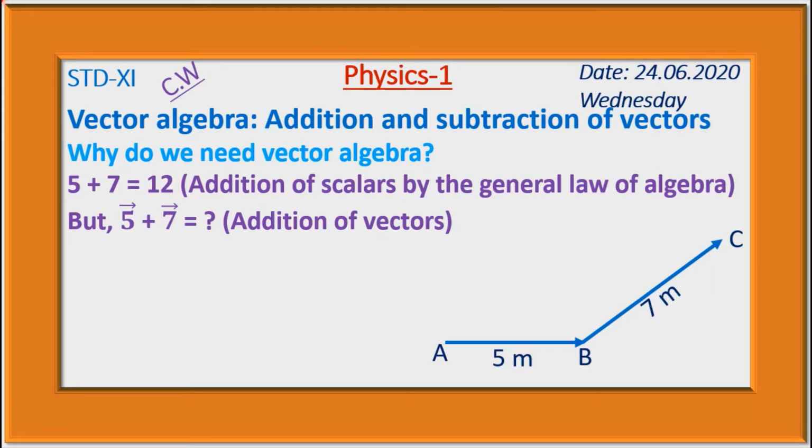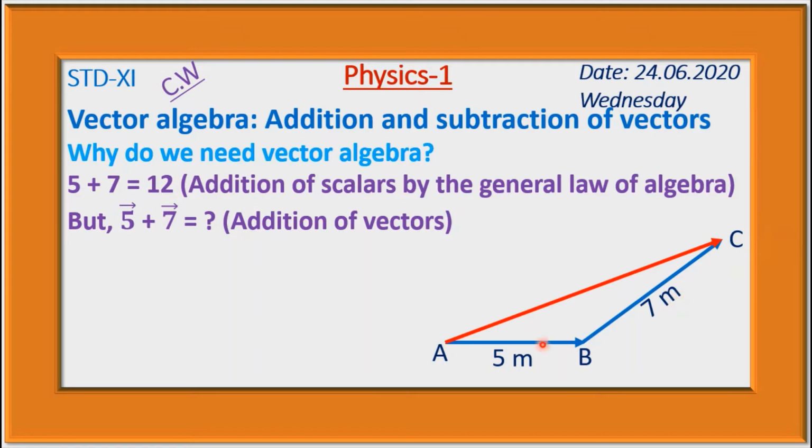That is, the body moves 5 meters from A to B and then 7 meters from B to C. Then what is the displacement of this body? Obviously this is AC.